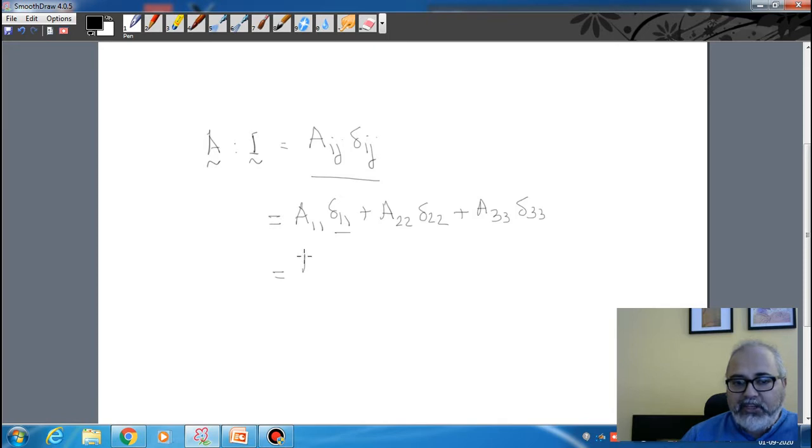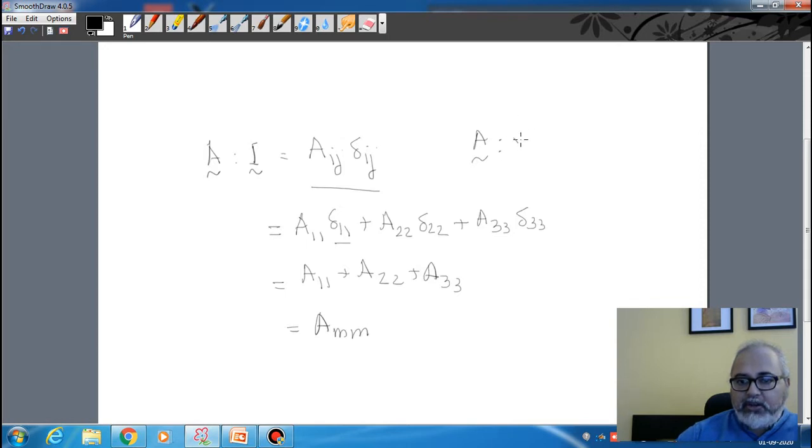So this will be A11 plus A22 plus A33, which is the same as AMM, where M is a repeated index now. So AMM represents a sum of these three terms. So A contraction of I is equal to AMM, which has a special name.